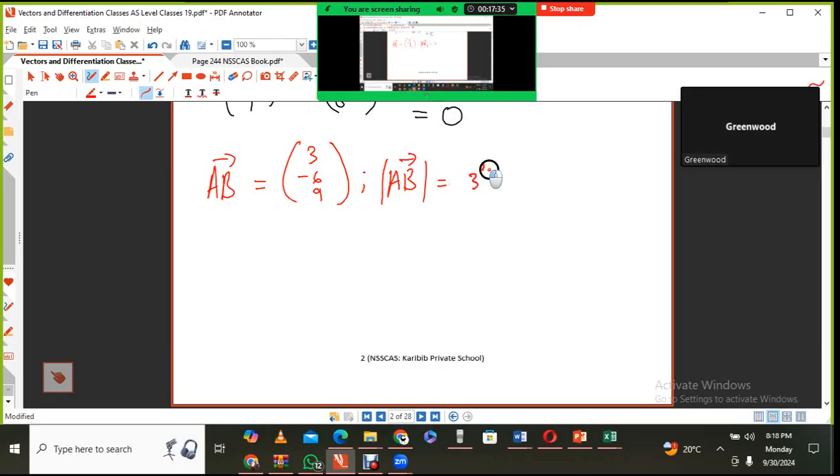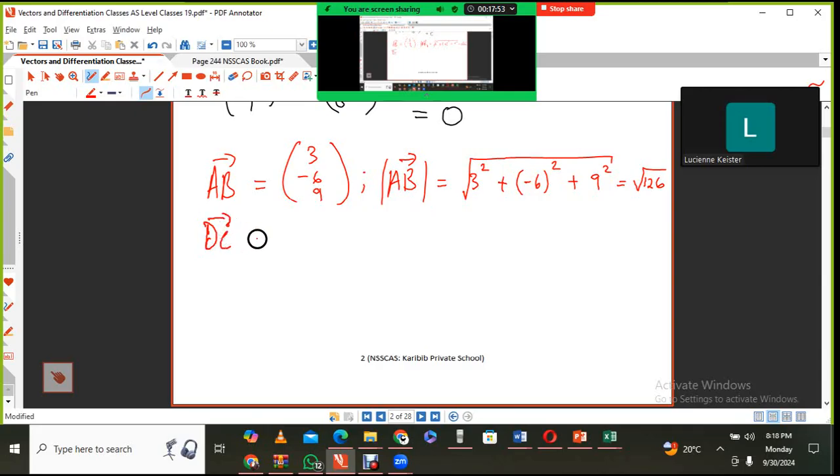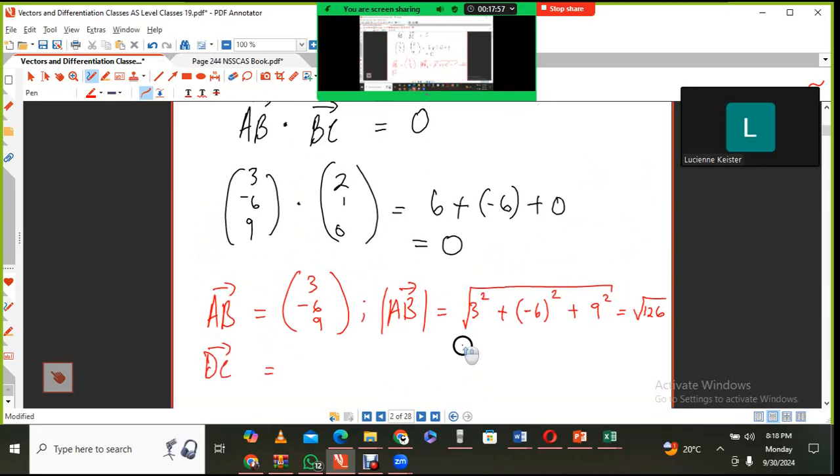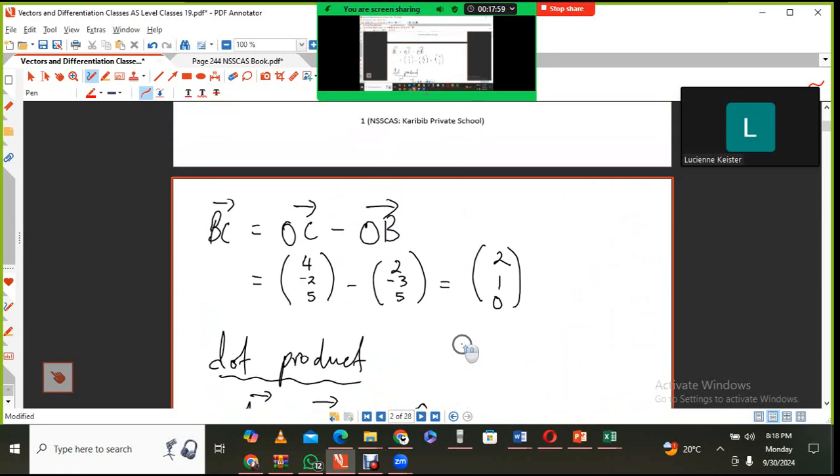So you just say 3 squared plus -6 squared plus 9 squared. You take the square root of everything. So it will be the square root of 126. Then we need to do DC as well. Now DC, we know from our previous work. What is DC?